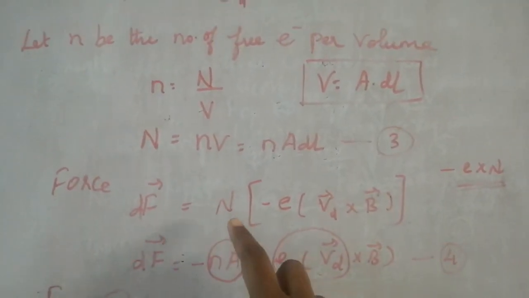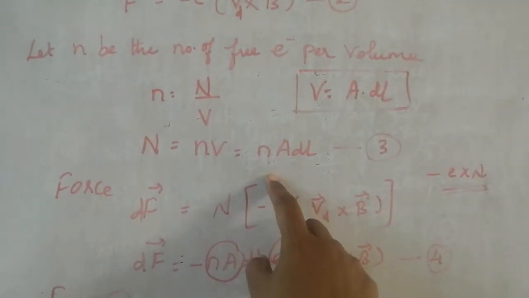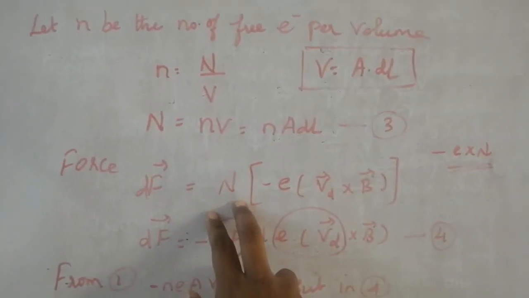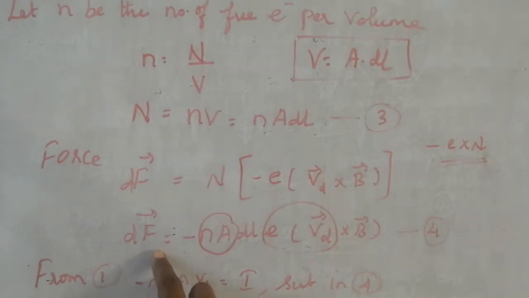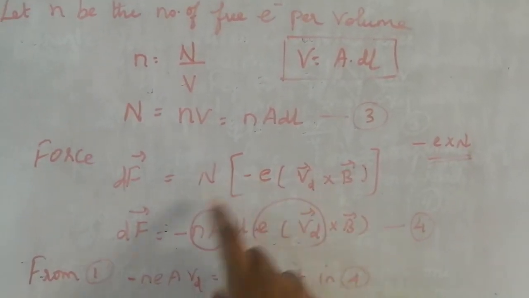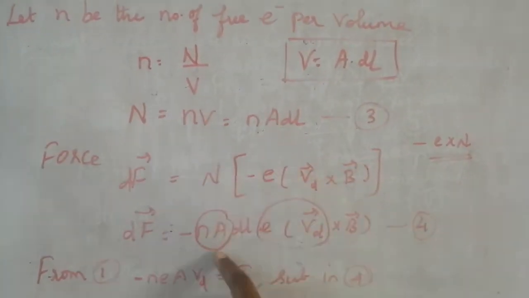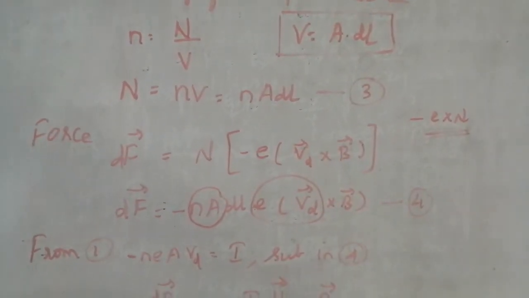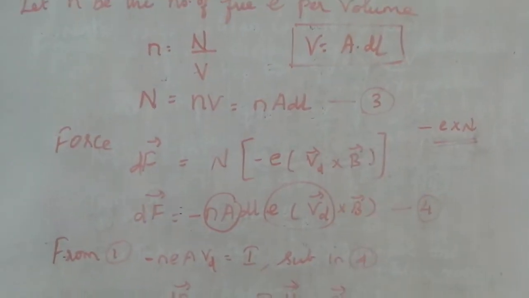Then we have the capital N value as n A dl in equation number 3, so I am going to substitute this instead of capital N. Then my dF value would be minus n A dl into e into Vd cross B vector. Let this be equation number 4.